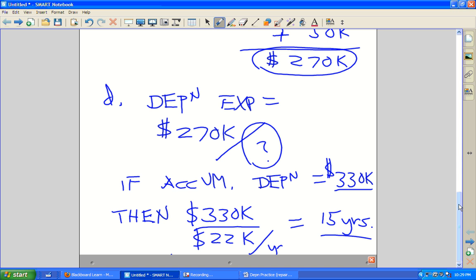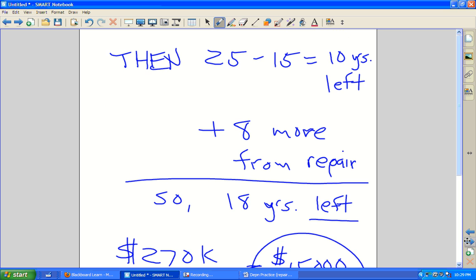So if I just go 330 divided by 22, I'll get 15 years as the total number of years of depreciation that represents. So we're 15 years into this thing. What happens next is, if I say 25 years of life minus 15 years in means we have 10 years left for depreciation. But wait, didn't the repair make this go longer for 8 more years? So I really have 18 years left.